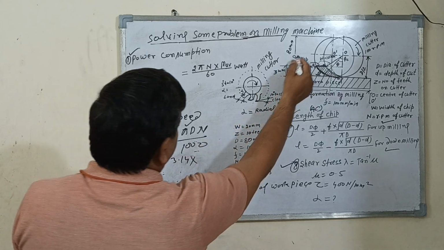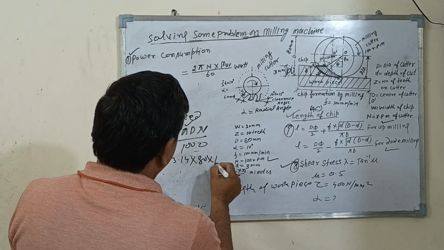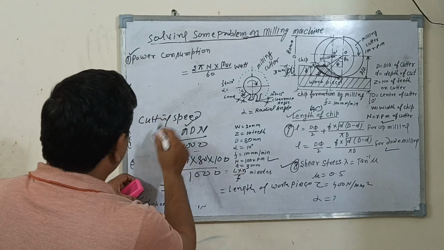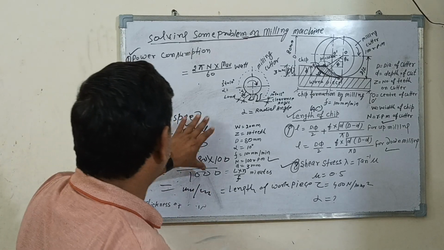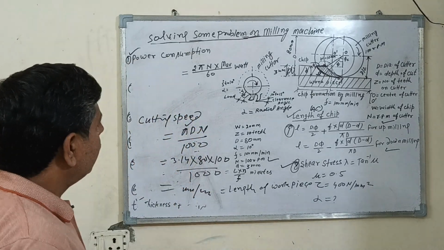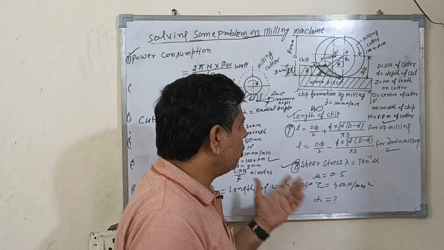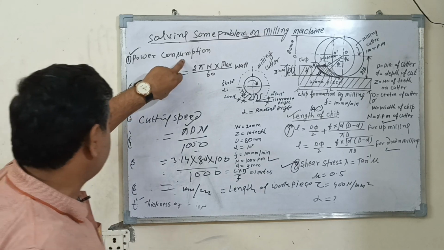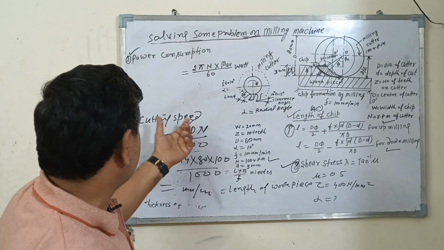D is the diameter of the cutter, 80. N is the number of revolutions, 100, divided by 1000. So you can easily calculate the cutting speed in millimeters per minute. So different formulas are used to calculate different quantities, such as power consumption, chip thickness, and also the cutting speed.